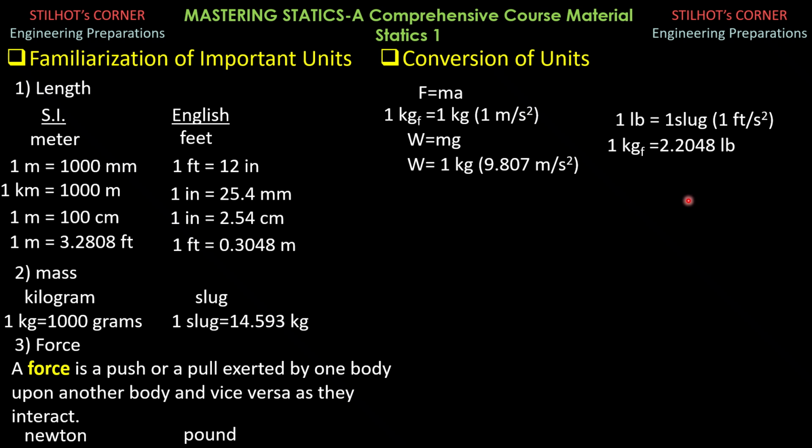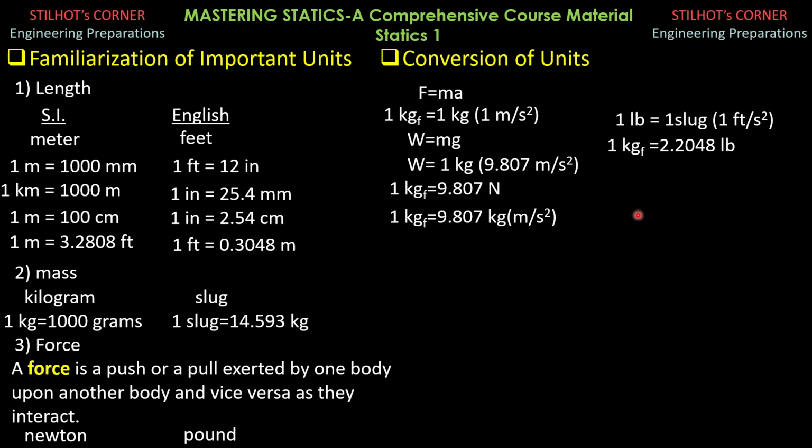So 1 kilogram force therefore is equal to 9.807 newtons. And newtons is kilogram times meter per second square. So 1 kilogram force is 9.807 kilogram times meter per second square.